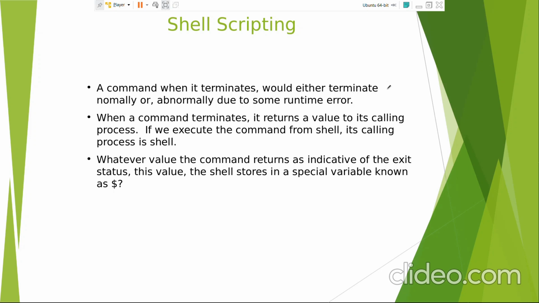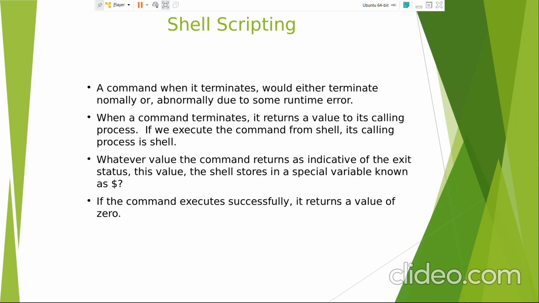Whatever value the command returns as indicative of the exit status, this value the shell stores in a special variable known as $?. So there is a special variable for shell, $?, which stores the exit status of the command that is just executed. So at any point of time, by examining the $? variable's value, we can know whether the previous command, the just executed command, has executed successfully or unsuccessfully.